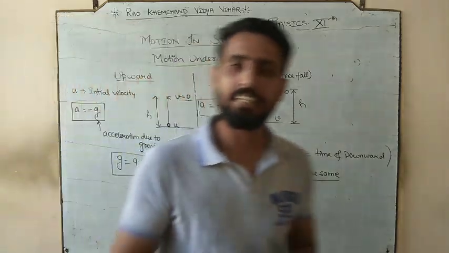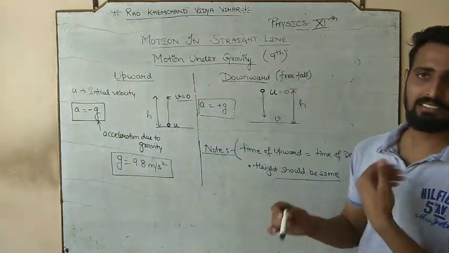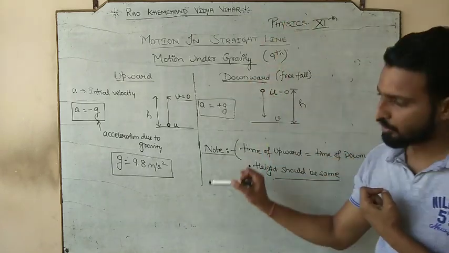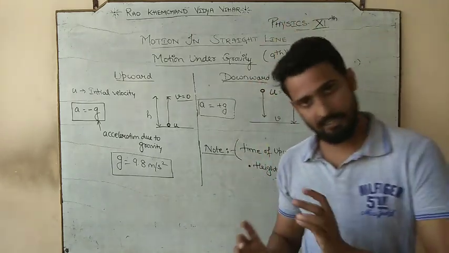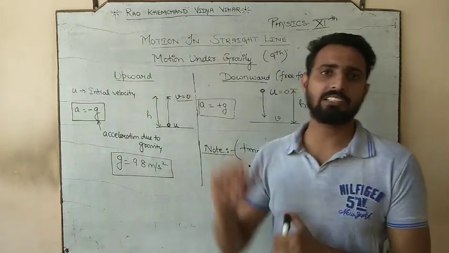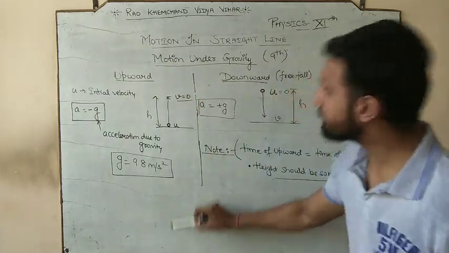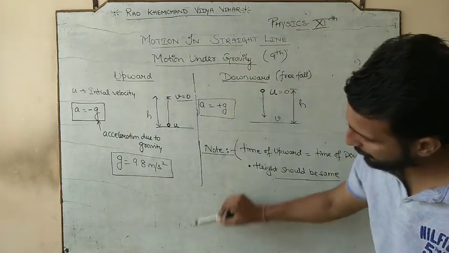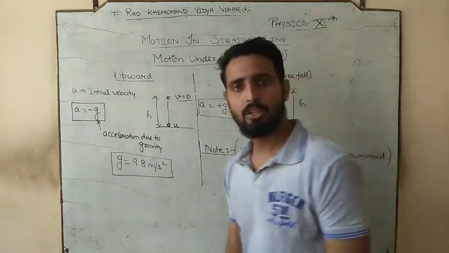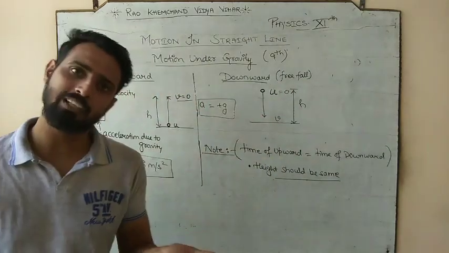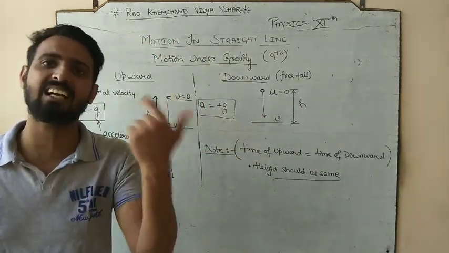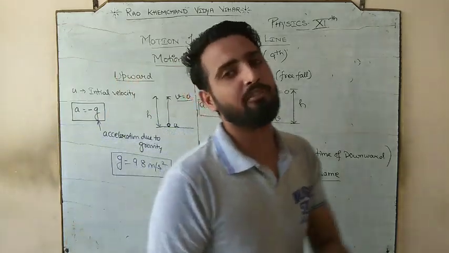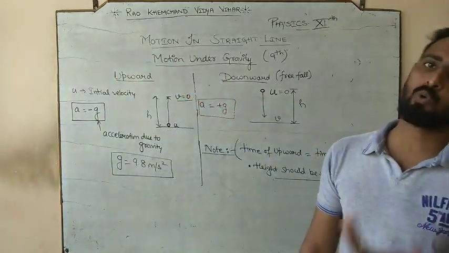Means in Hindi if I say जितना टाइम ऊपर जाने में लगेगा उतना ही टाइम बॉडी को नीचे आने में लगेगा. अगर आपने 10 मीटर ऊपर जाने में कवर किया है तो इसका मतलब आप उसी 10 मीटर नीचे आने की बात कर रहे हो. If the distance of going up and the distance of coming down is the same, then the time interval of going up and going down both will be the same.